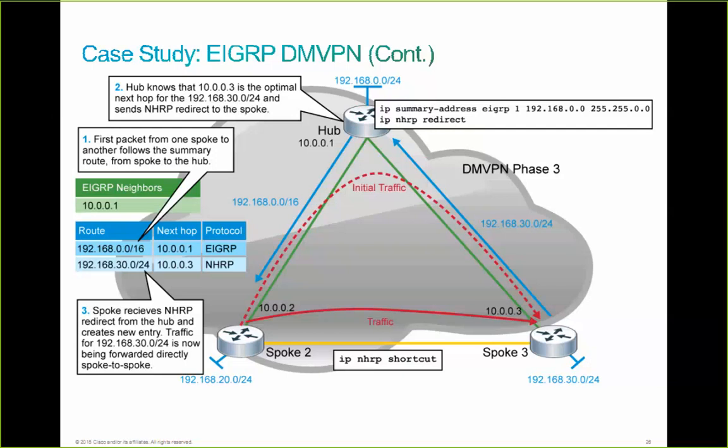That entry basically states that the spoke 3 router is the next hop for the traffic that's destined for the spoke 3 LAN subnet, and the traffic is forwarded then directly across the spoke-to-spoke tunnel to the spoke 3 router. Does that make sense?